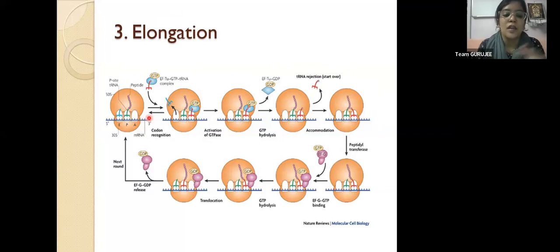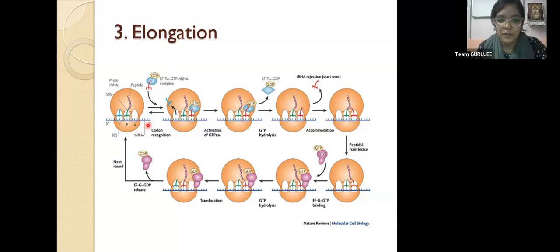The process continues with the help of elongation: the tRNA carries the anticodons along with amino acids, which are complementary to the codons present in the mRNA. You can see the elongation of the amino acid chain. These steps continuously happen.